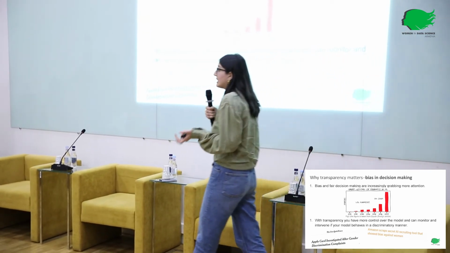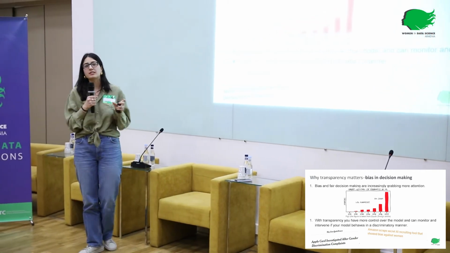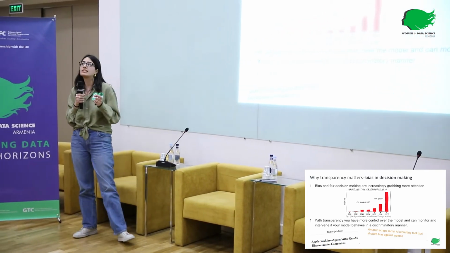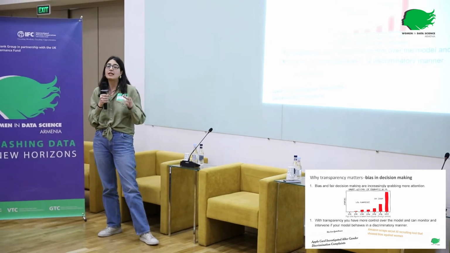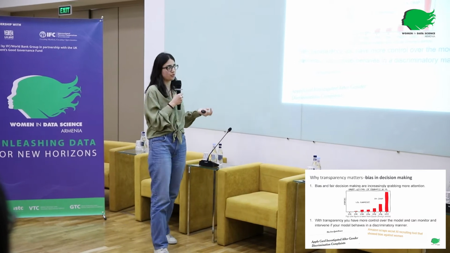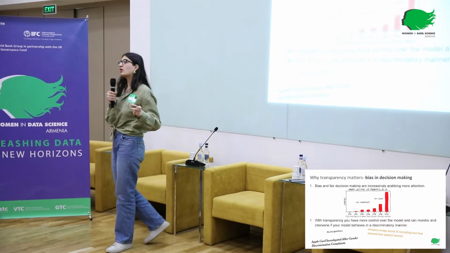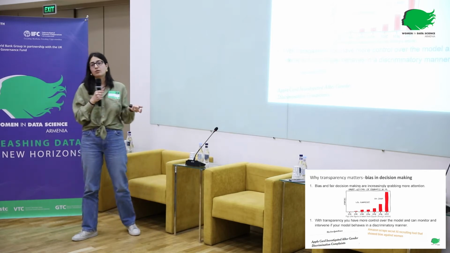But it turns out it's not the case because those protected variables can be highly correlated with some other variables that we use in our models. So in that case, we cannot ensure that the model is unbiased. So for instance, race and zip codes, they are highly correlated.